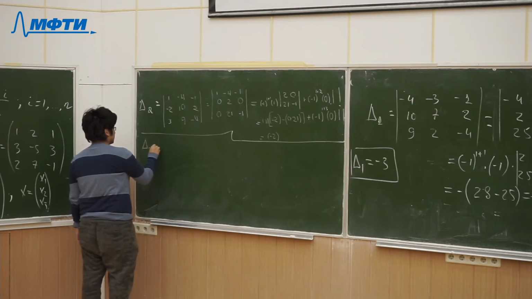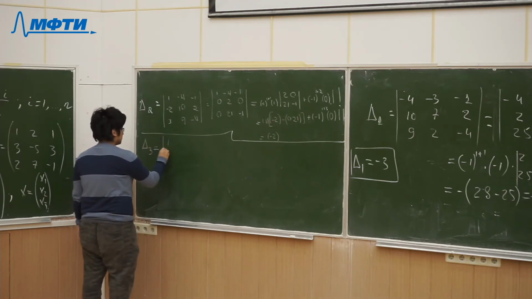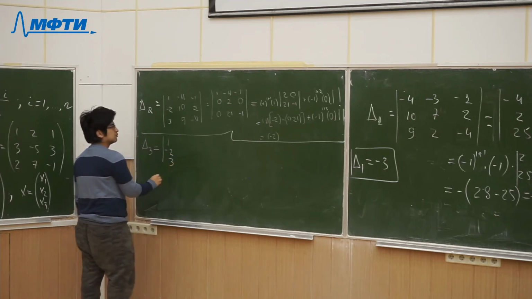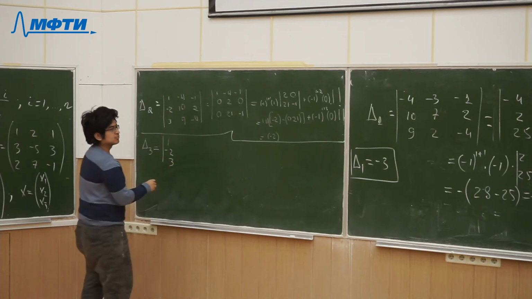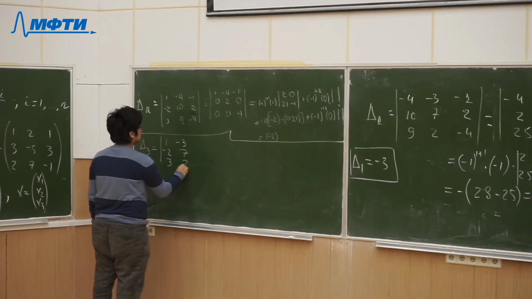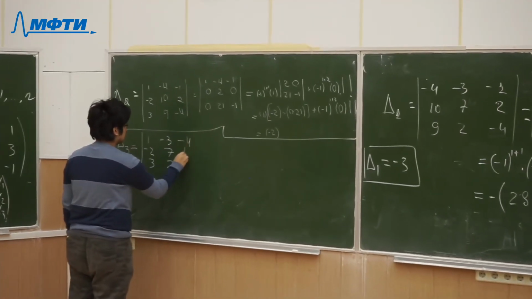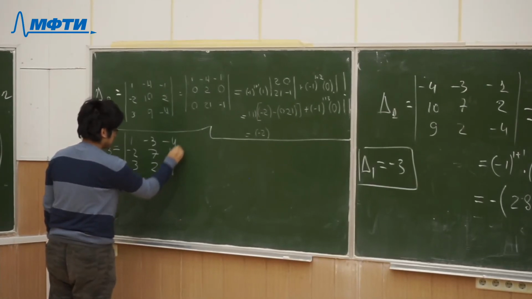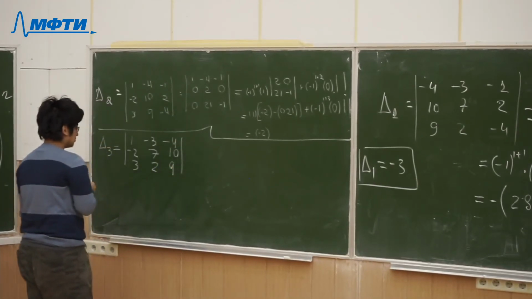Delta sub 3 equals, yes, minus 372, and minus 4, 10, 9 equals.